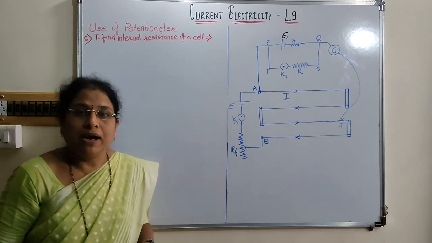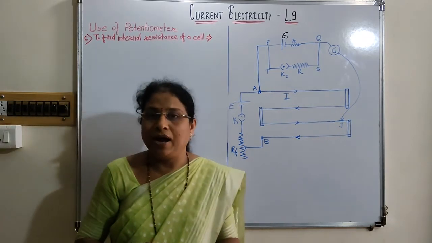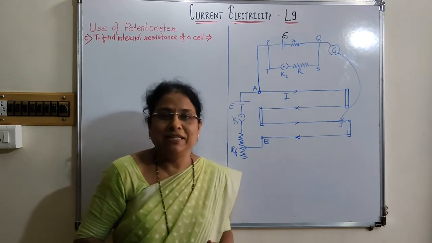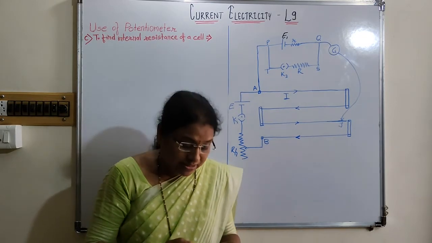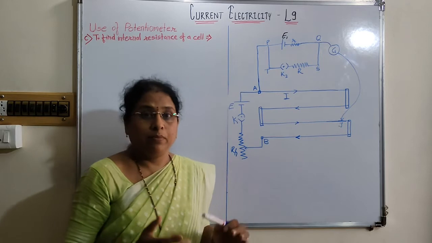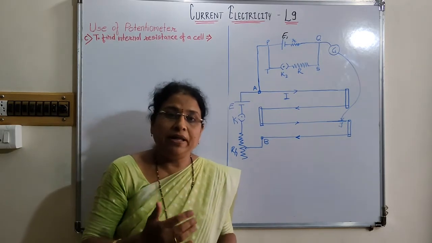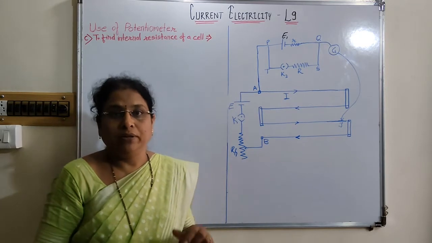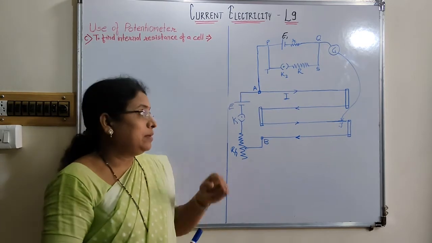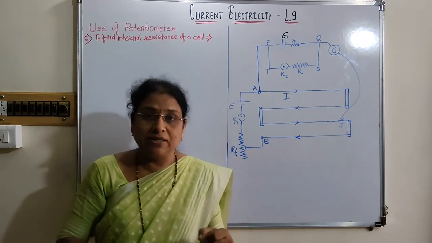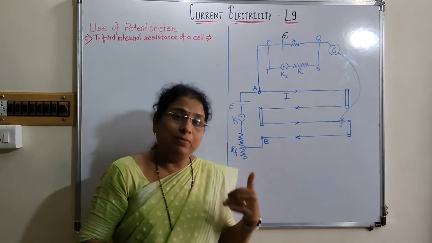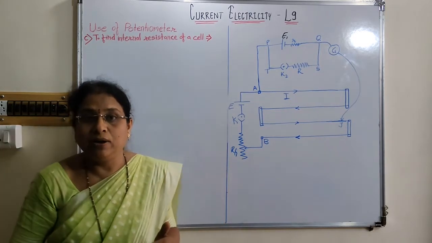Students, you know what is the internal resistance for an ideal cell? We know the concept of resistance. Resistance is the property of a material by virtue of which the material opposes the flow of current through it. All the substances that have minimum resistance are good conductors, and those having maximum resistance are insulators.